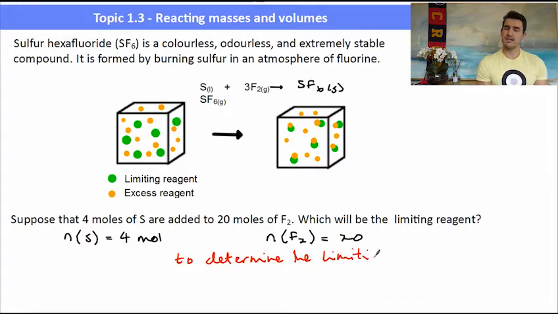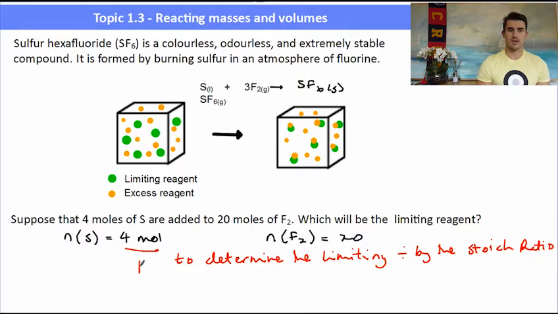We divide the number of moles of the reagent by its stoichiometric coefficient. So you look at the coefficient in the equation and you divide the number of moles by that number. So the sulfur would be divided by 1. The fluorine would be divided by 3 because that's the ratio in the equation.